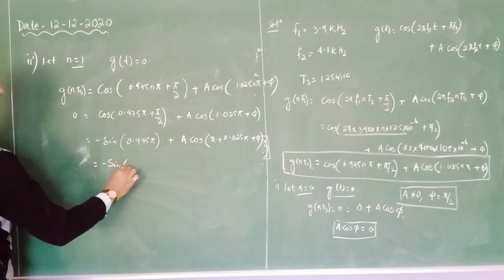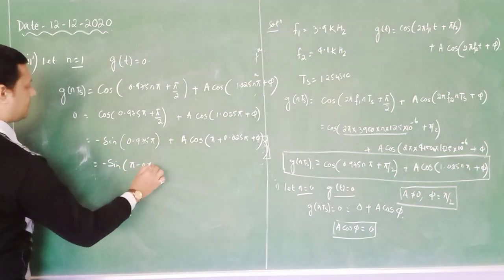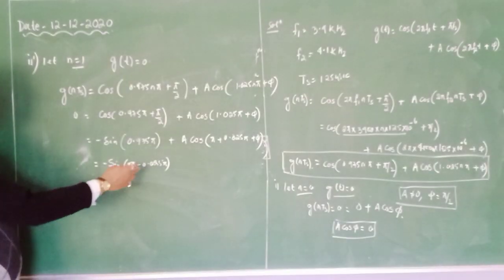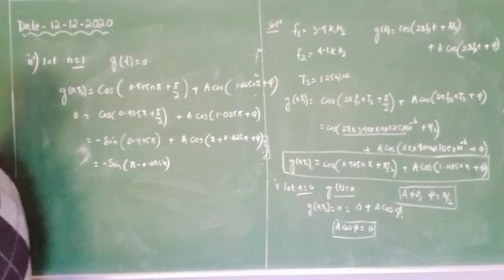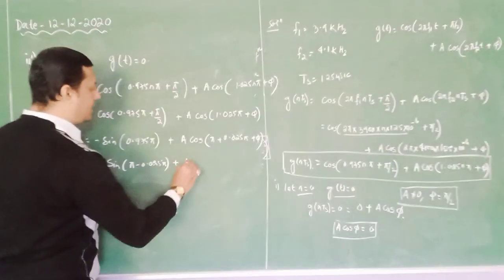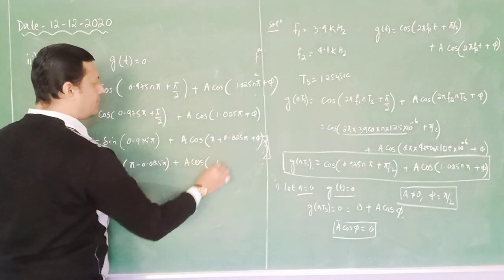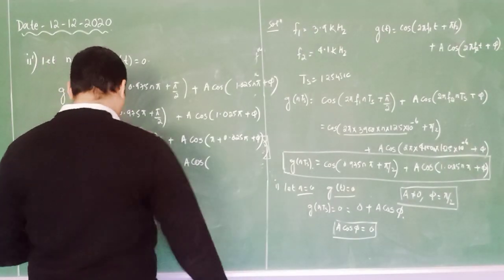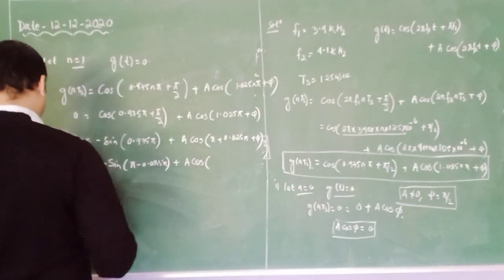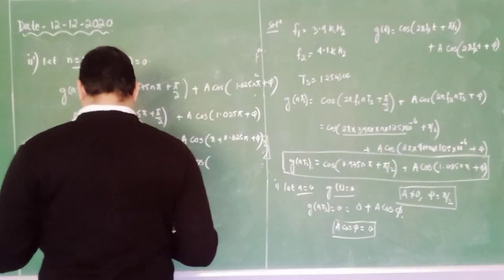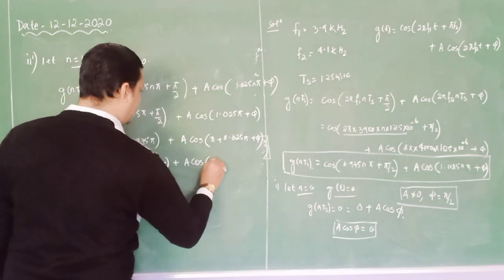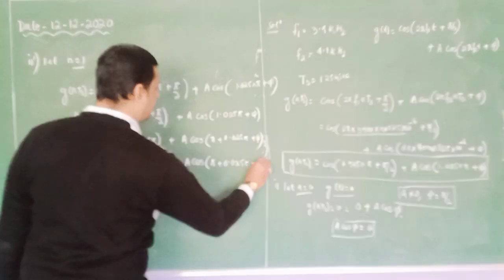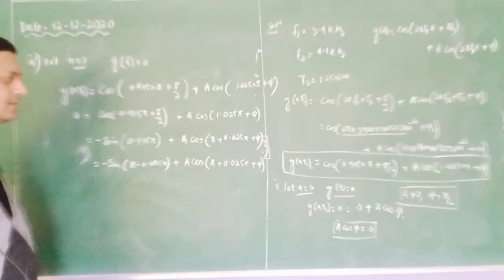So it is minus sine of pi minus 0.025 pi. I can write like this because 1 minus 0.025 is 0.975, plus A cos of pi plus theta. So it is cos theta. Done. So that I can write in terms of pi plus 0.025 pi plus 5. Let it be as it is. Done.